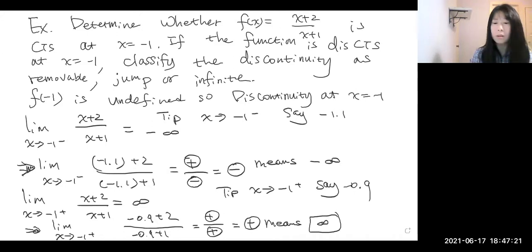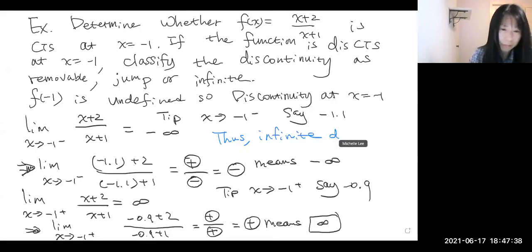So this is an infinite discontinuity. Let me write down here: infinite discontinuity.